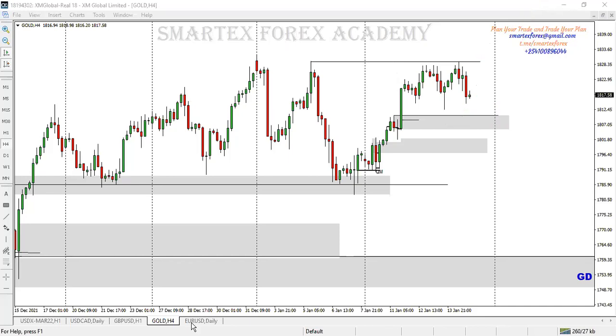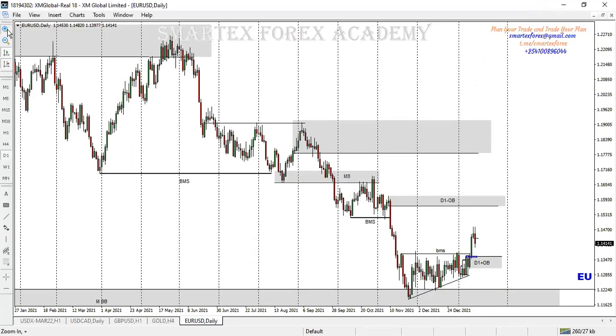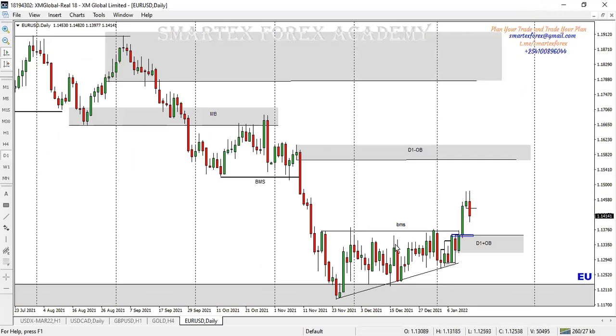The next pair is the euro dollar. Euro dollar, the price was able to break out from this consolidation, December consolidation, and this was a clean break of structure. But we are somehow bearish, and we have bearish D1 over here. And there are these imbalances that need to be mitigated, as I told you last week.